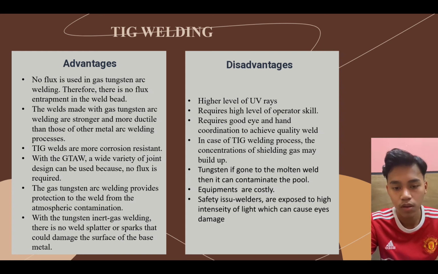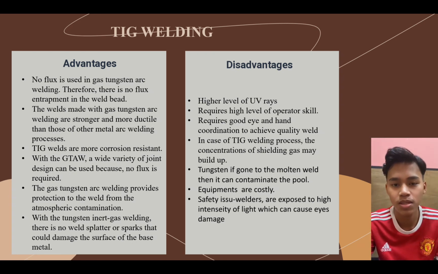Number 8, gas tungsten arc welding is suitable for welding of food or ammunition containers, where the deposit of any decaying organic matter could be extremely harmful. So these are the advantages of GTAW.